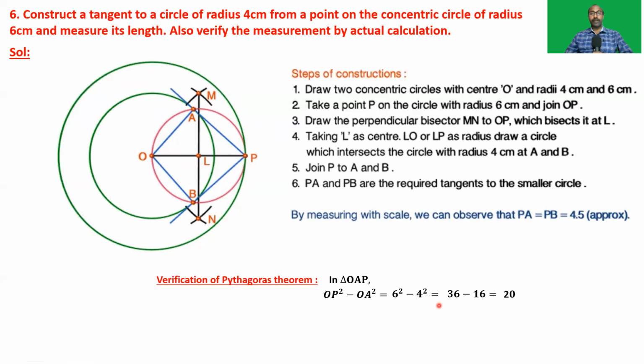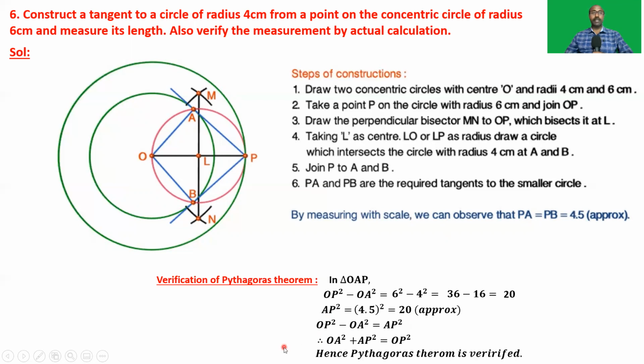And now by calculation we got AP square is 4.5 square, approximately equal to 20. So OP square minus OA square is equal to AP square. So from that, OA square plus AP square is equal to OP square. So hence Pythagoras theorem is verified again.